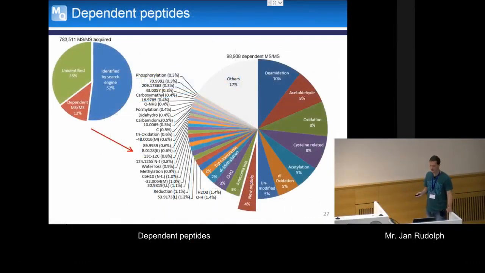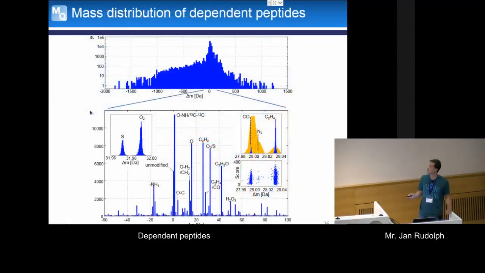So if we try to annotate all these modifications, we can see many different modifications present in our sample. And I just want to pick out one group for this example, which is this new peptide group. And these are exactly peptides which mostly lie in this minus 500 or minus 1,000 range. So these peptides lost a lot of their mass.